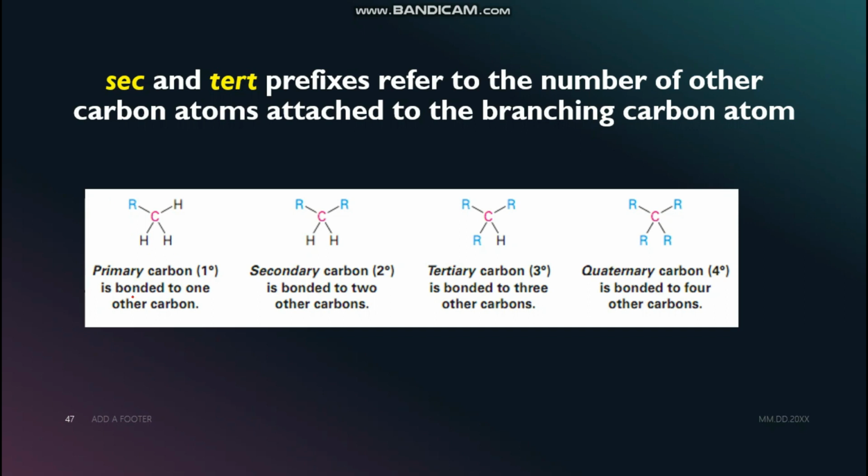Ayan. So, dito, ang ating primary carbon is bonded to one other carbon. Okay, so pwedeng ang R na ito, so this symbol R is used here and throughout organic chemistry to represent a generalized organic group. So the R group can be methyl, ethyl, propyl, or any of a multitude of others.